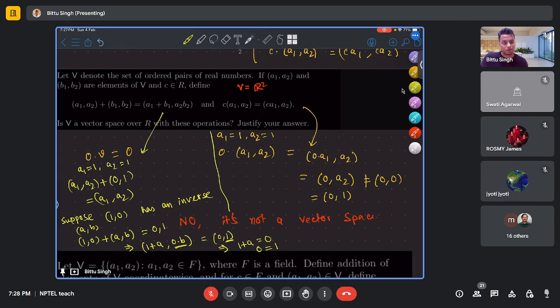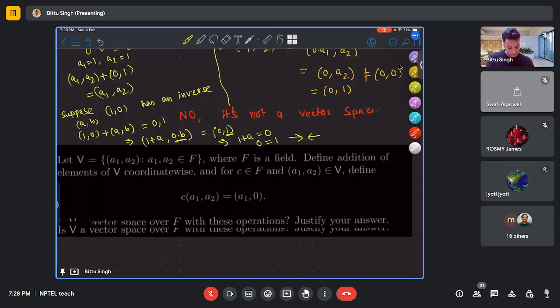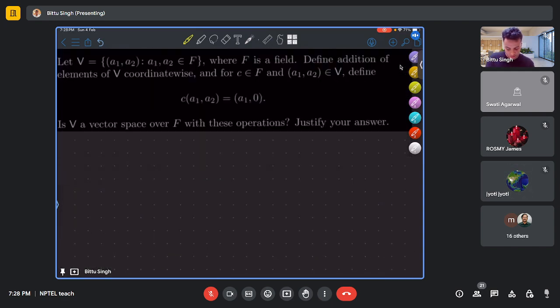It is not possible. Therefore there is a contradiction. So it cannot be a vector space. Even it cannot be an abelian group. Is it okay? Yes, sir. Okay, great. So let us see the next question.